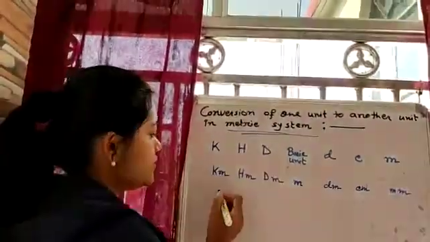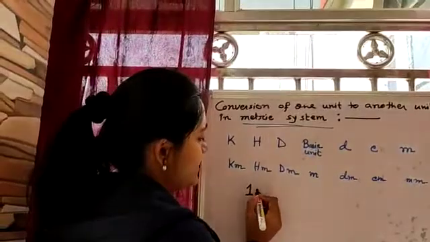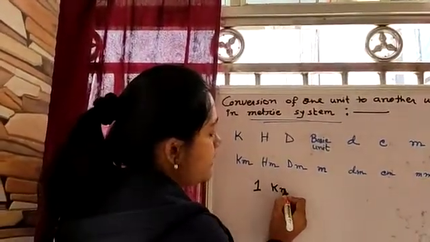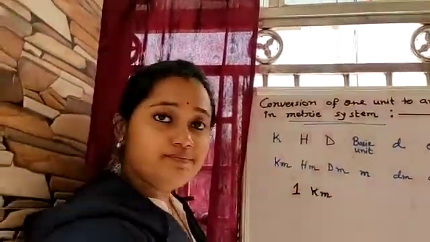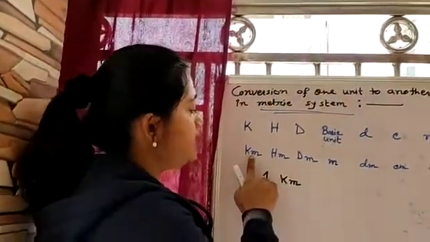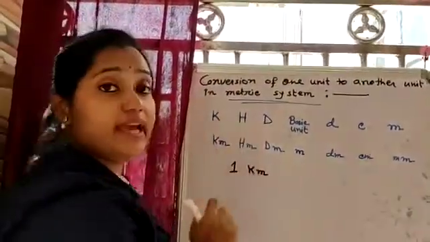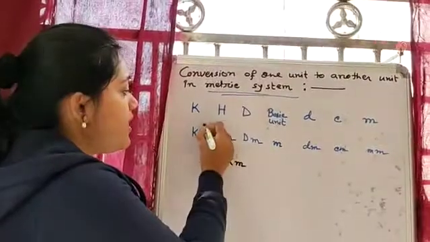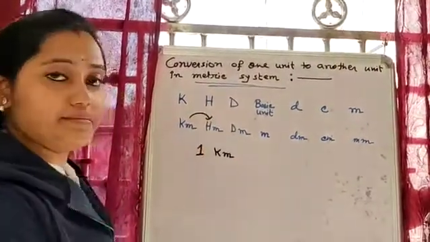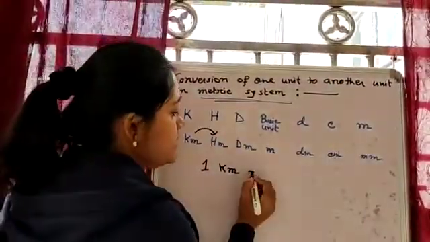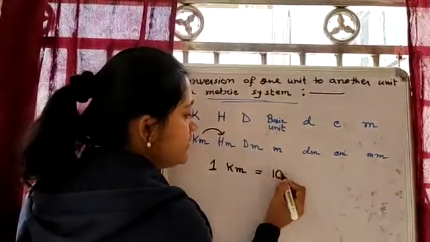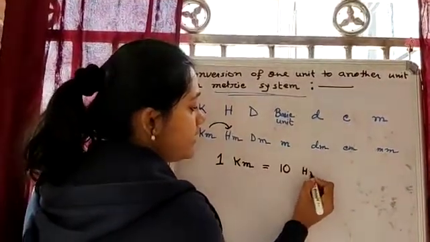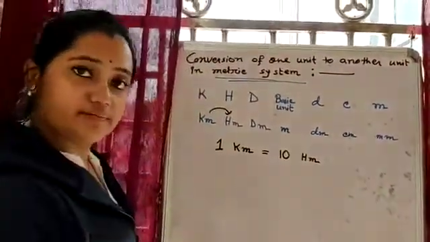Suppose the first one, I am writing 1 kilometer. Now 1 kilometer is equal to how much hectometer? See, I have jumped one step. 1 kilometer is equal to 10 hectometer.